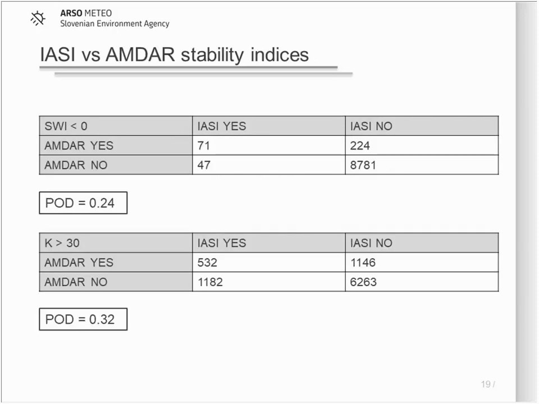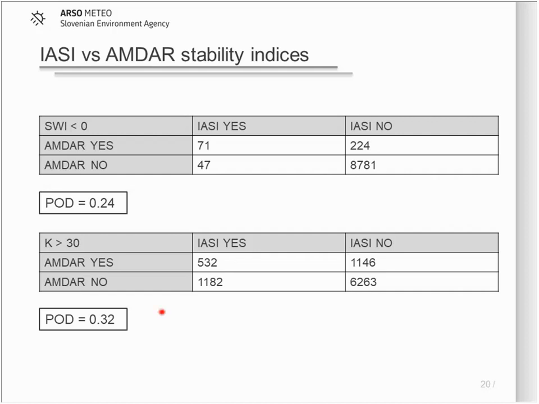And what we did is we calculated, from all the matching profiles that we had in the year, the Showalter index and the K index from AMDAR and from IASI, and we built a kind of contingency table. This yes and no doesn't mean that something actually happened. It just says that in AMDAR the Showalter index had values that show a possibility for a storm to develop.